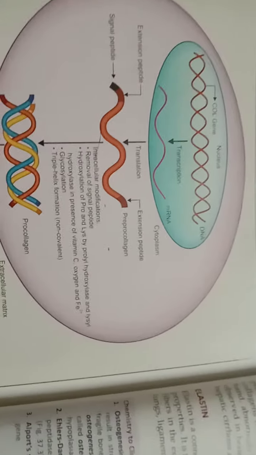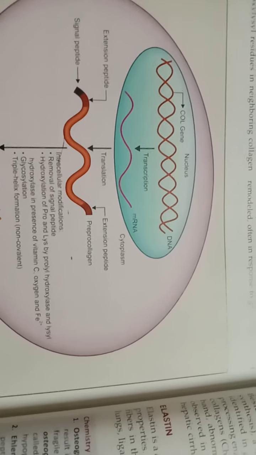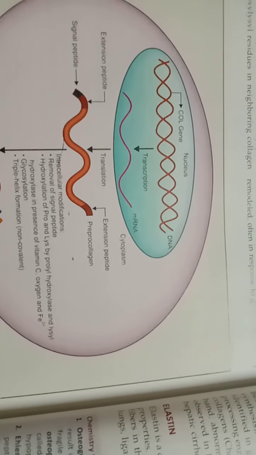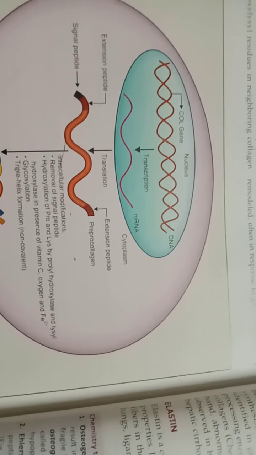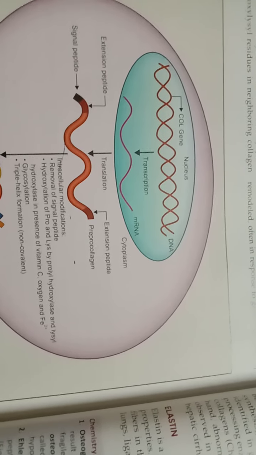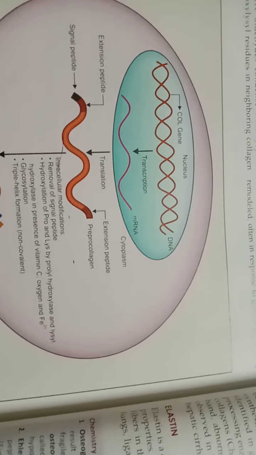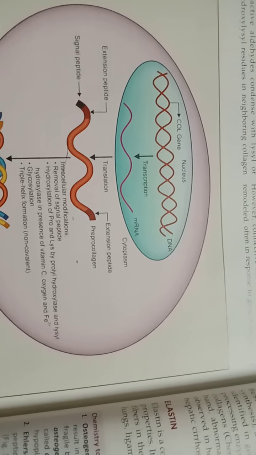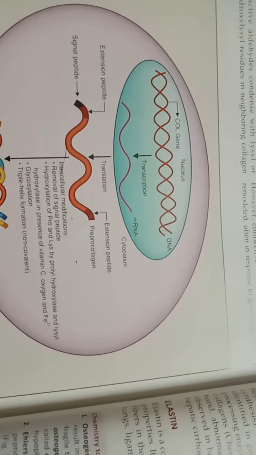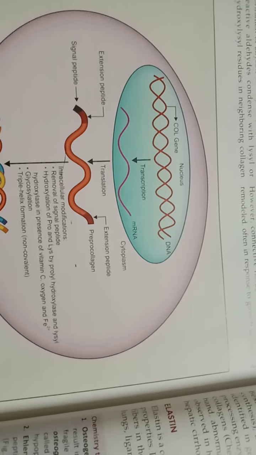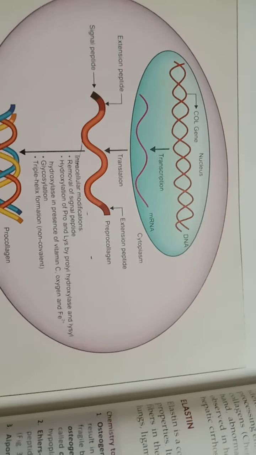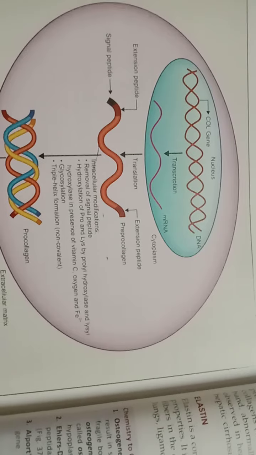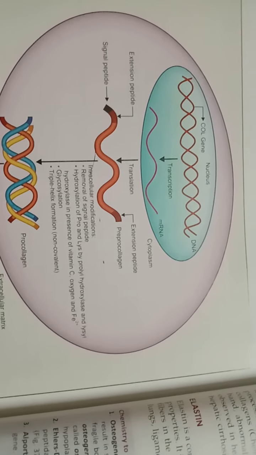Now here you see messenger RNA. So messenger RNA is forming inside the nucleus. Transcription is a process which happens in the nucleus. But after the formation of the messenger RNA, this messenger RNA will enter into the cytoplasm of the cell.